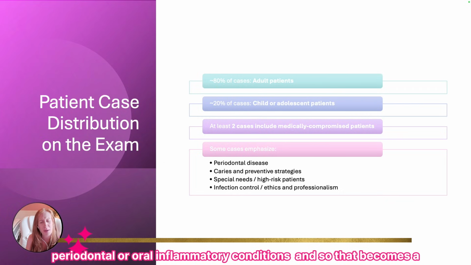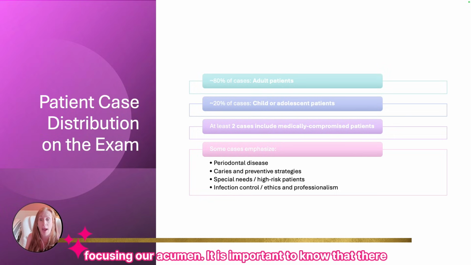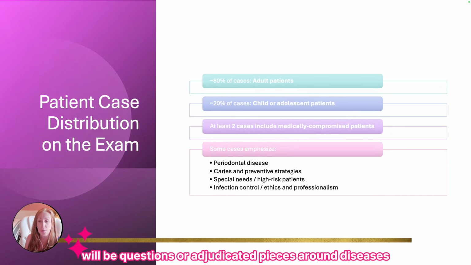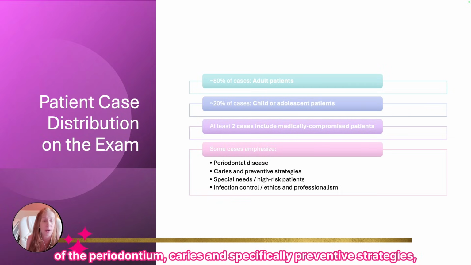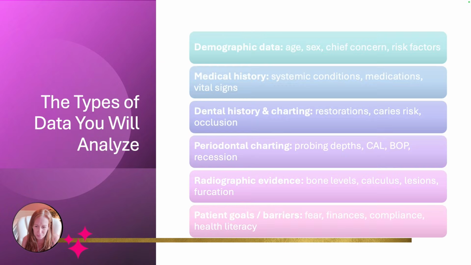And so that becomes a really important cornerstone as far as where we need to make sure that we're focusing our acumen. It is important to know that there will be questions or adjudicated pieces around diseases of the periodontium, caries, and specifically preventive strategies, high risk or special needs patients, and then infection control modalities.